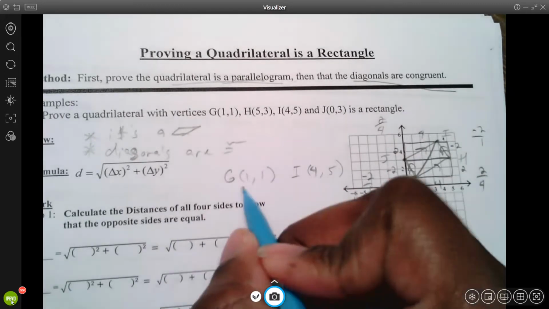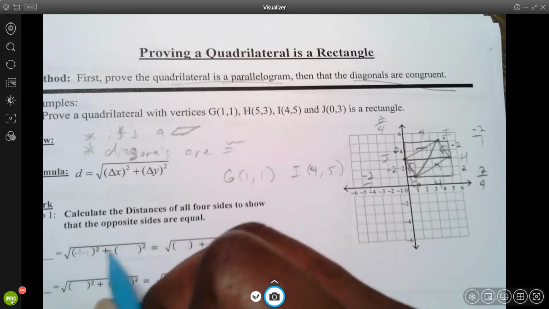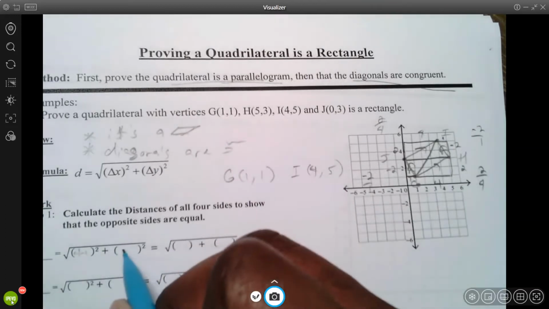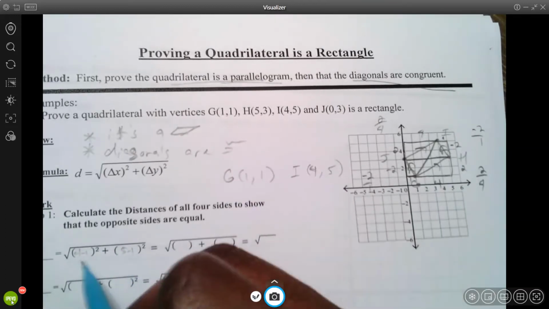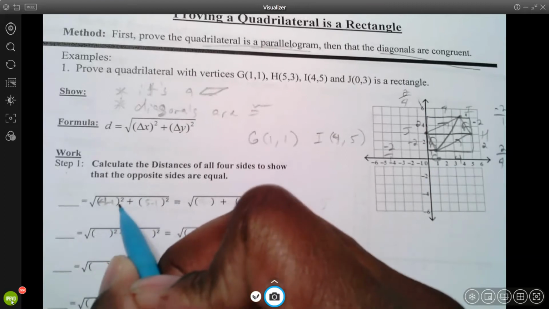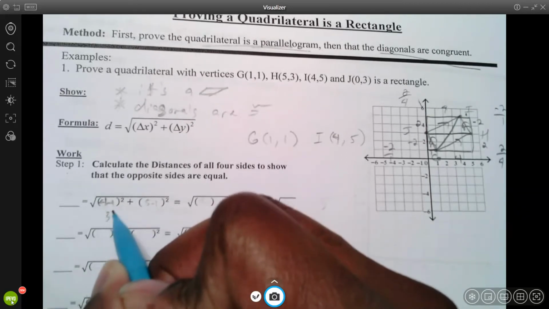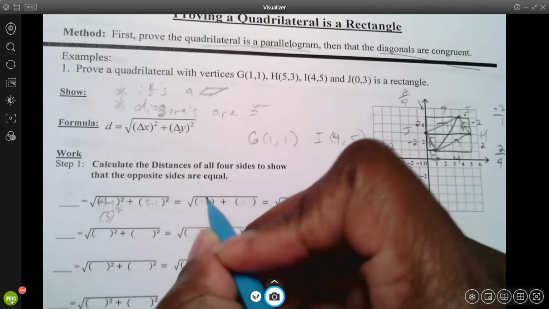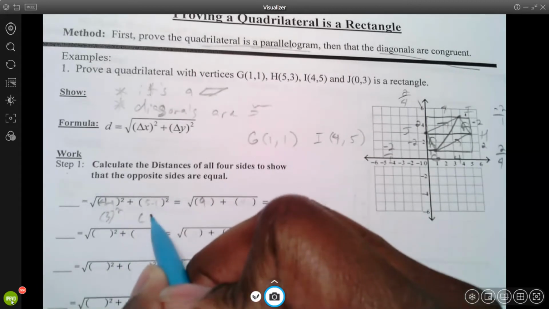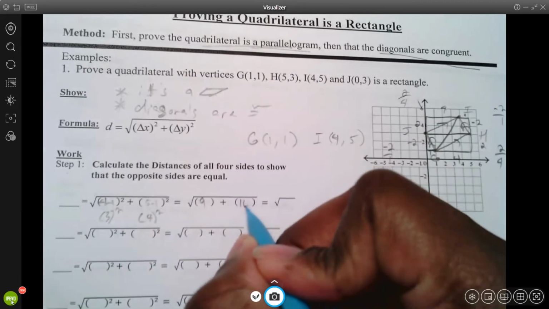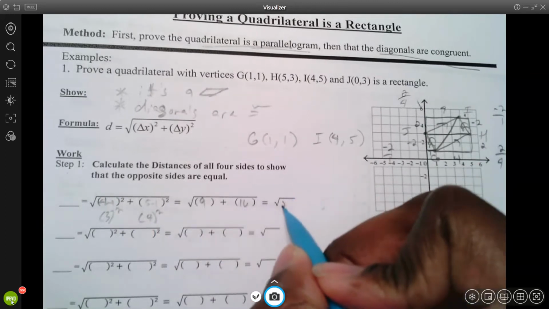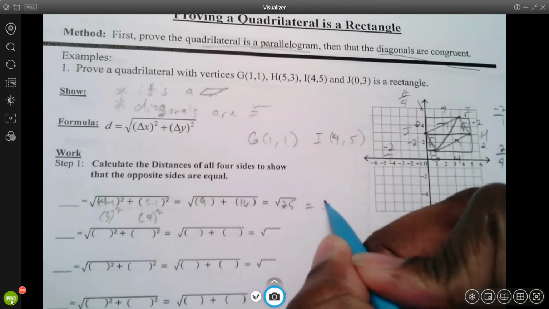So it's going to be 4 take away 1 squared, then 5 take away 1 squared. So 4 take away 1 is 3 squared, that's 9. 5 take away 1 is 4 squared, that's 16. 9 plus 16 is 25. Square root of 25 is 5.